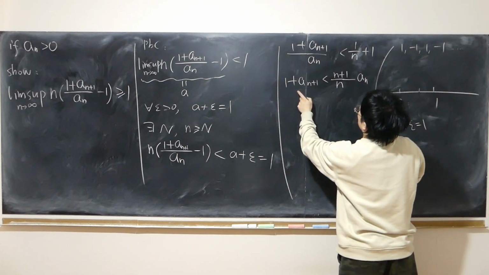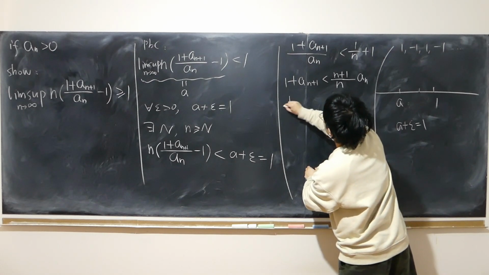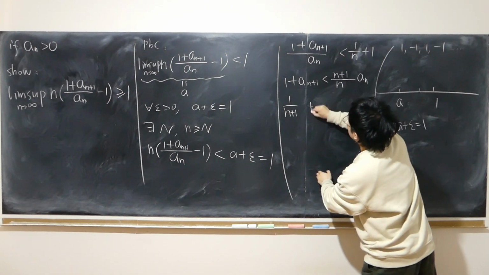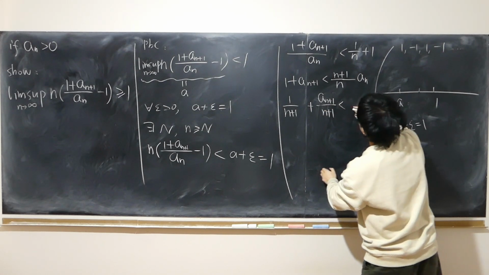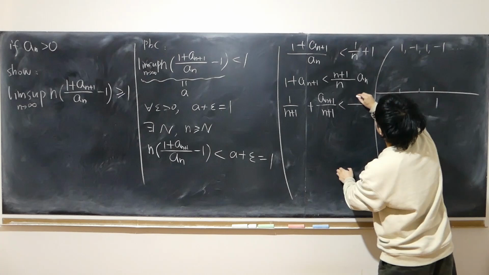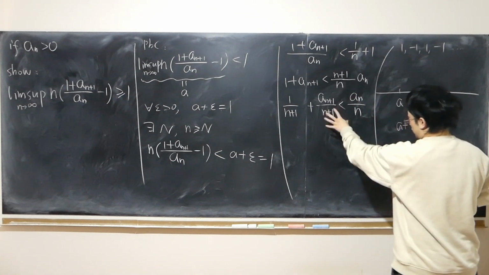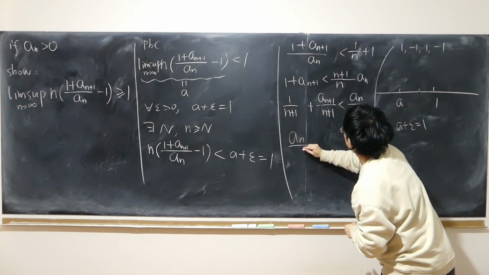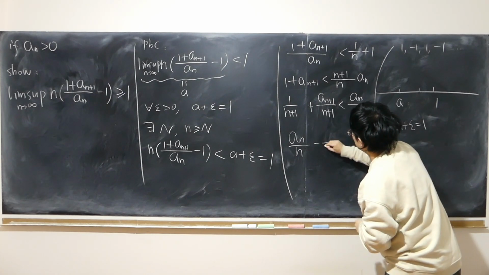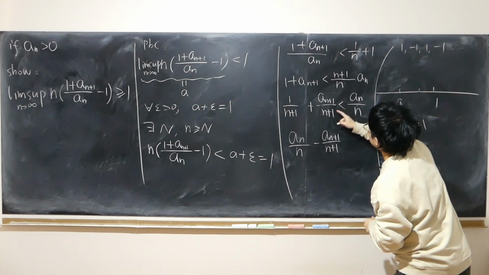Now this time I divide by n plus 1: 1 + a_{n+1} less than (n+1)/n times a_n. Now to rewrite, I have moved this to the other side, a_n over n minus (n+1) a_n plus 1 greater than this bit.